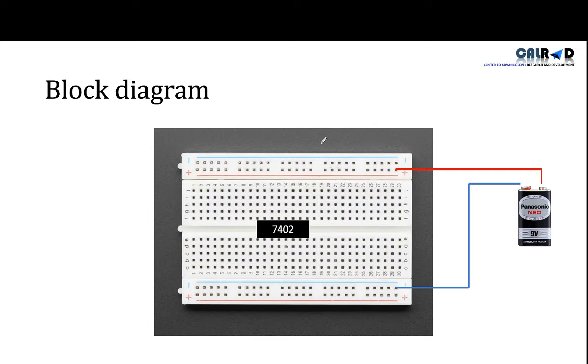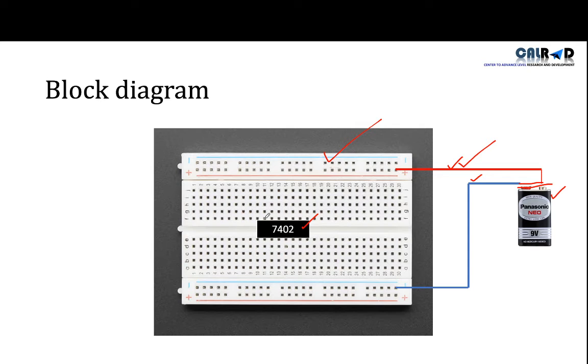So our first step is to take the breadboard, put our 7402 IC on it, and connect our battery. There is no need to connect the battery at this stage. You can just connect these two wires and leave the battery. We can connect this battery in the end also when performing the experiment.